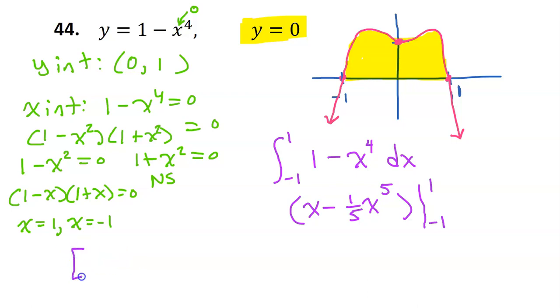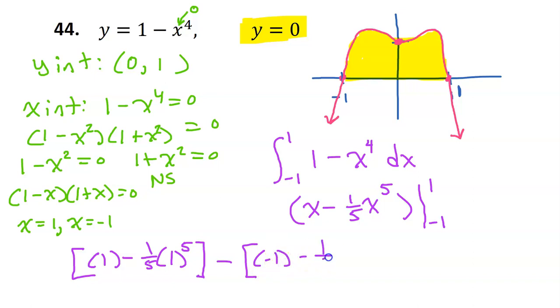So let's see. Evaluating at the upper limit gives us 1 minus 1/5 times 1 to the 5th power. So that's the upper limit. So now here comes the lower limit of negative 1. So we have negative 1 minus 1/5 times negative 1 to the 5th power.